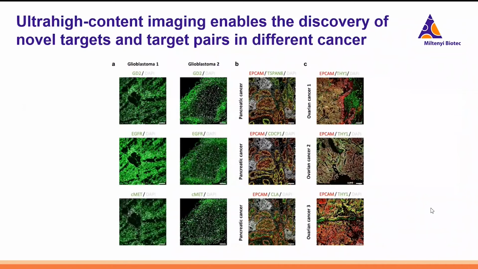Therefore, they followed the strategy to first screen for targets which are broadly expressed on tumor material to allow for highest efficiency when targeted by CAR T cells.